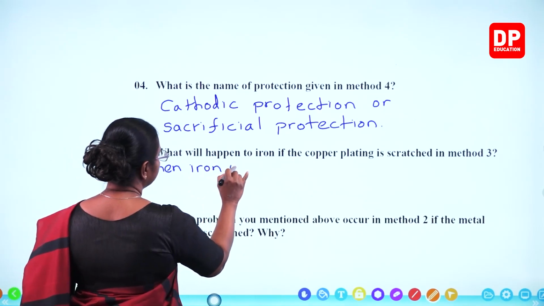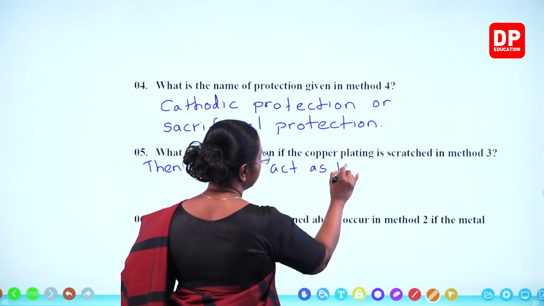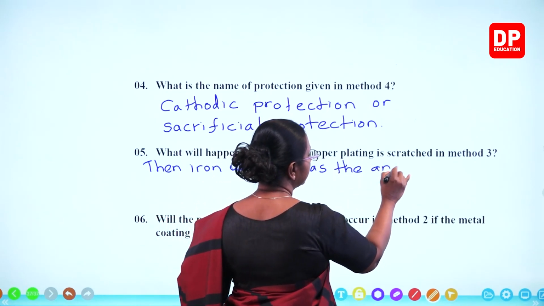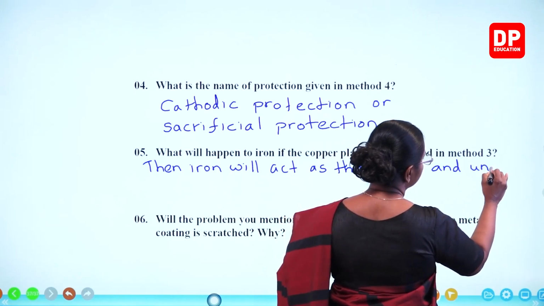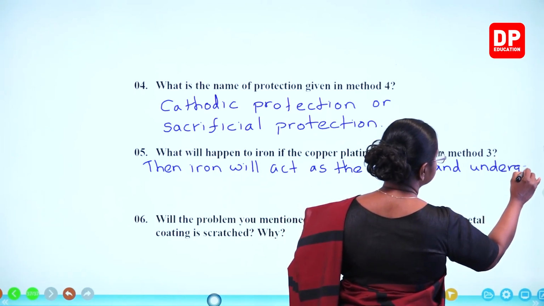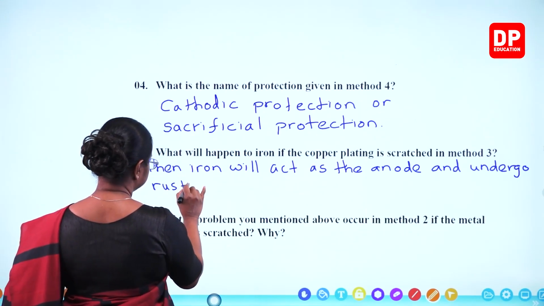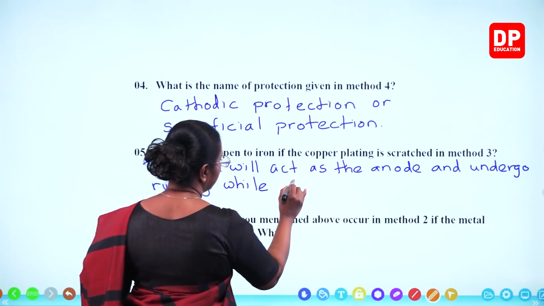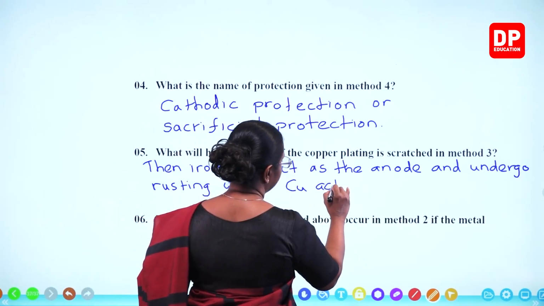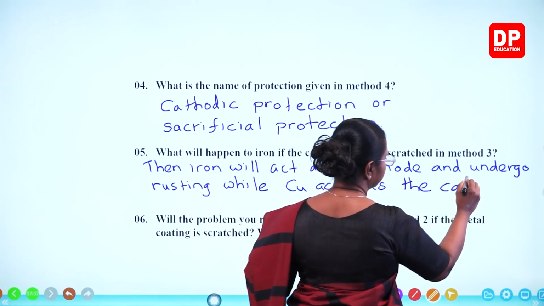Then, iron will act as the anode and undergo rusting, while copper acts as the cathode.